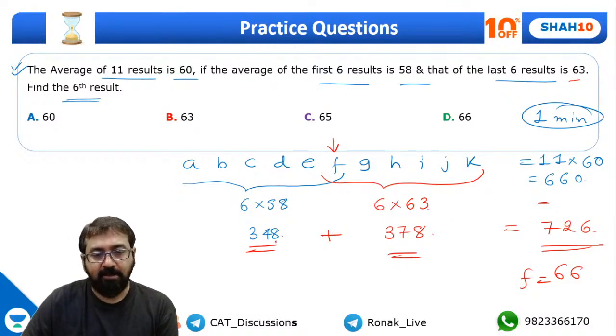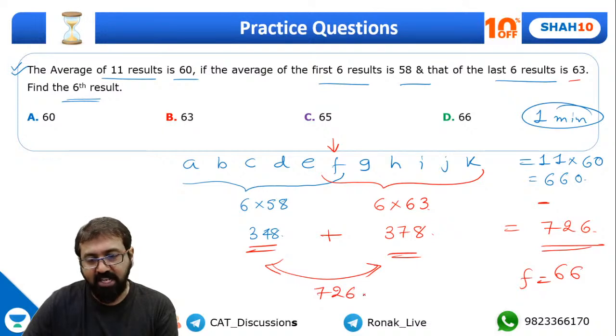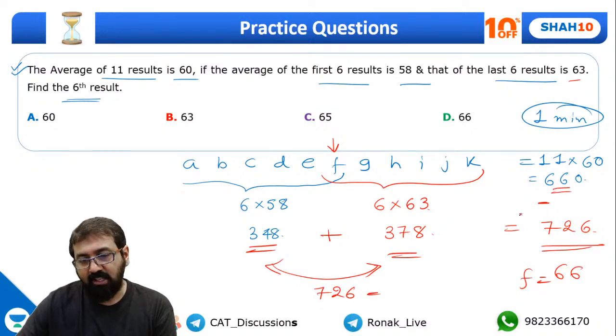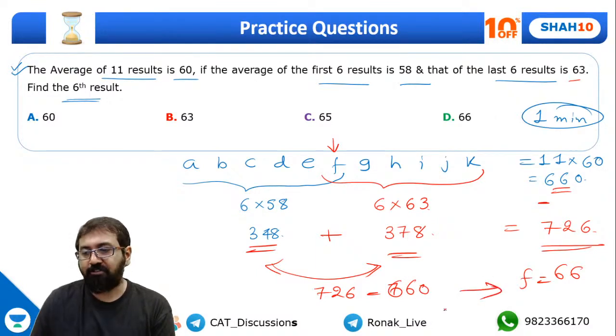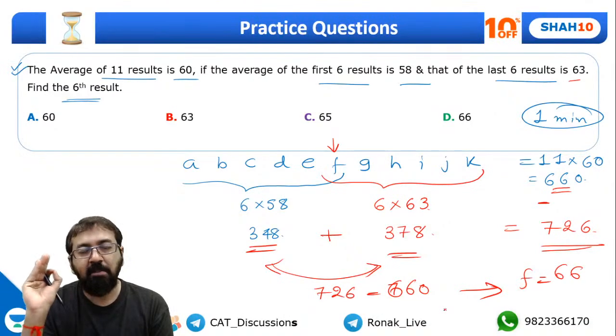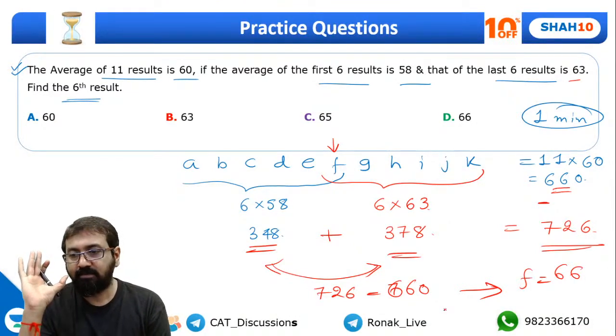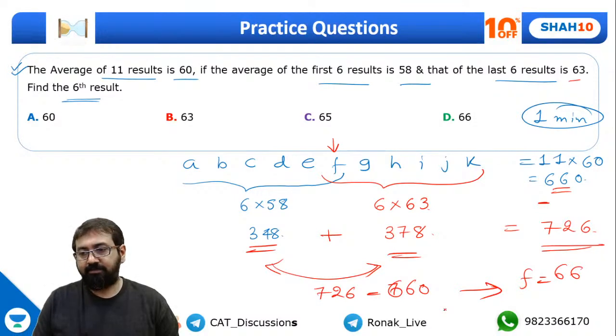So if I subtract this 660 from 726, I'll get the value of F. Have you all understood this? Wasn't that a simple question, guys?